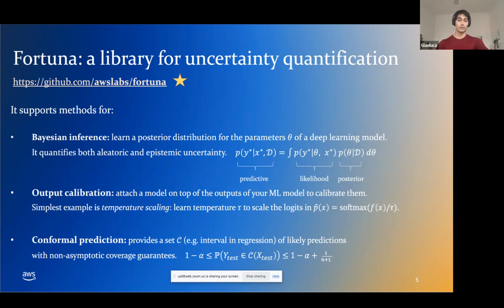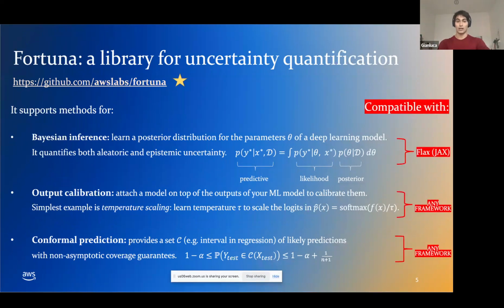Now, if you don't know what exchangeable means, don't worry, just think of a slightly stronger version of it, which is IID, so independent and identically distributed data. If you assume this, then your conformal prediction method will guarantee you at least this marginal coverage. And you can also go beyond this assumption of exchangeability and still have some good guarantees.